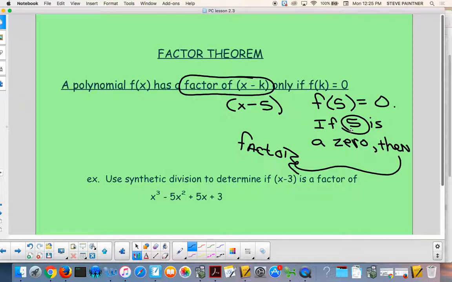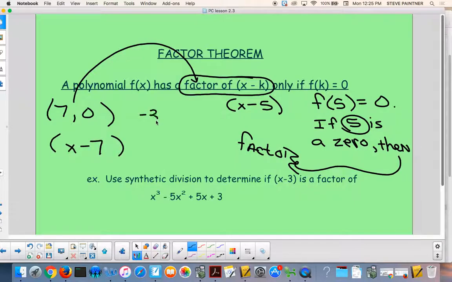That's what they're saying. If I told you 7 gives you 0, by the way, this is a 0, this is an x-intercept, this is a solution. If I told you 7 is a solution, 7 is an x-intercept, 7 is a 0, that also means you have a what? Factor. What's the factor? X minus 7.